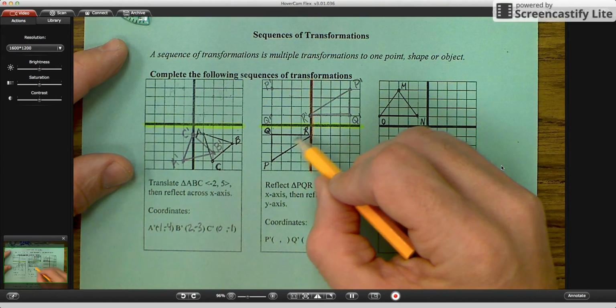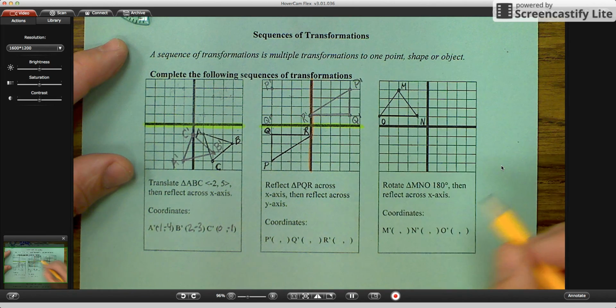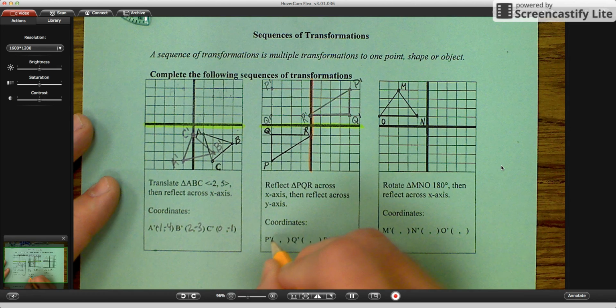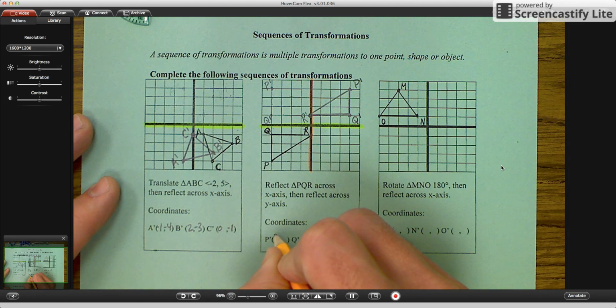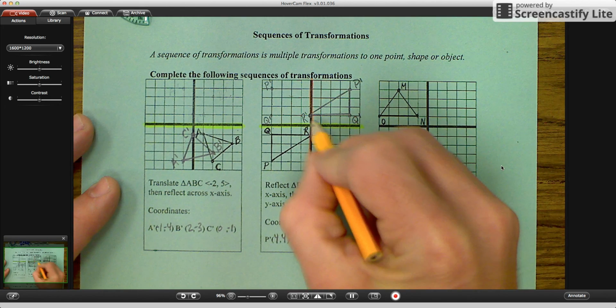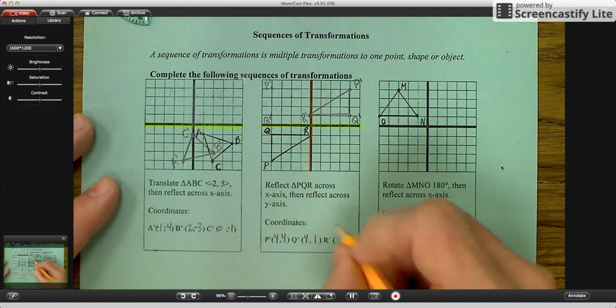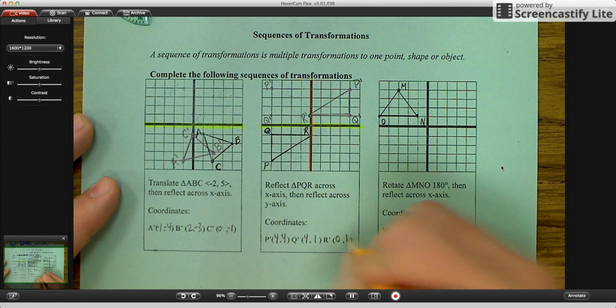And if you look, that is the same as a 180-degree rotation. So the coordinates of P prime would be 4, 4. The coordinates of Q prime would be 4, 1. And the coordinates of R prime would be 0, 1.